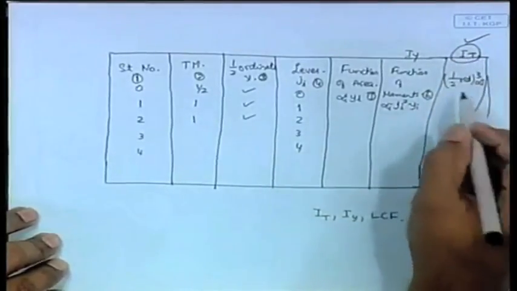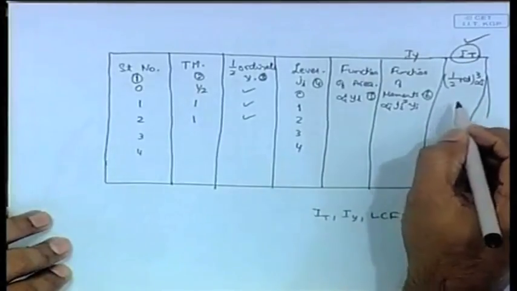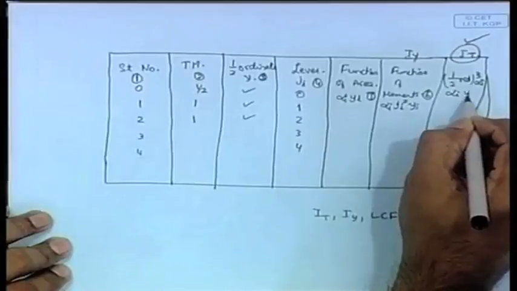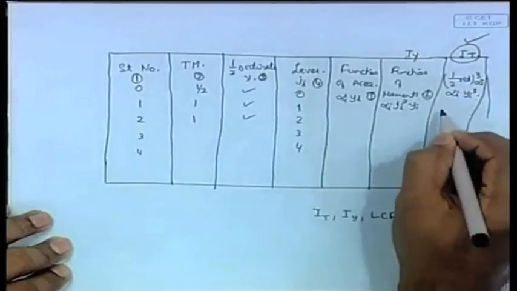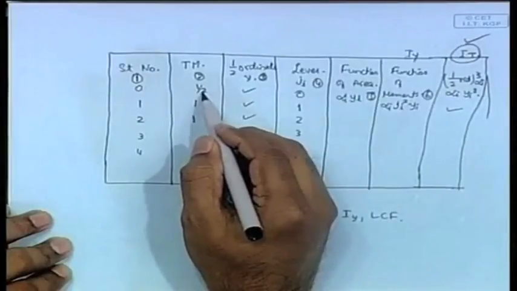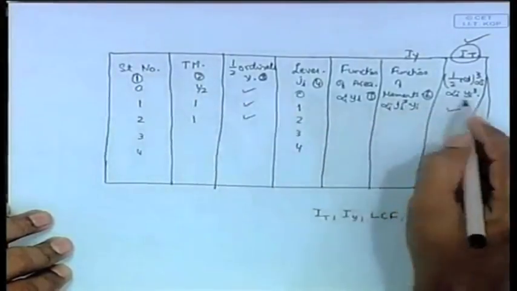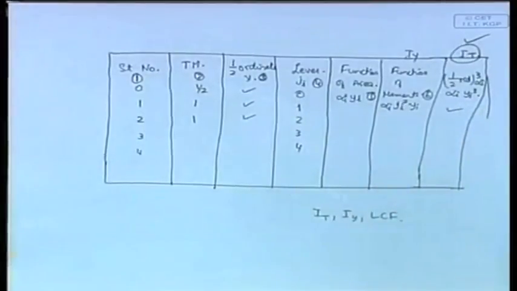So, half ordinate cube into alpha I, which is alpha I into yi cubed. Alpha I comes from the trapezoidal multiplier, and yi cube is your half ordinate cubed. So, you have another column. This is your table.